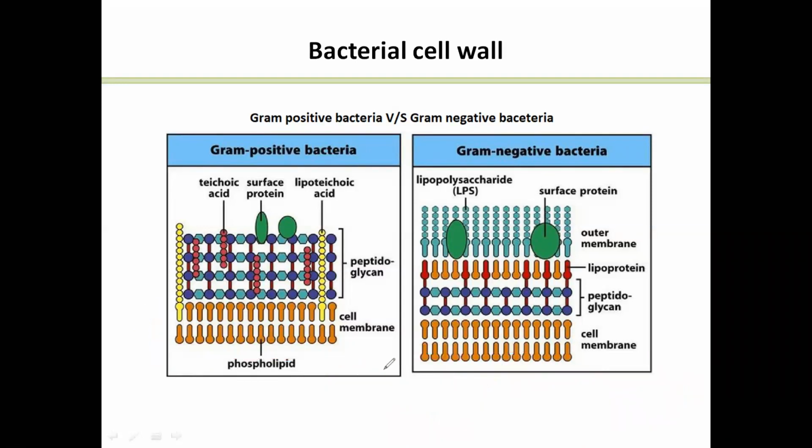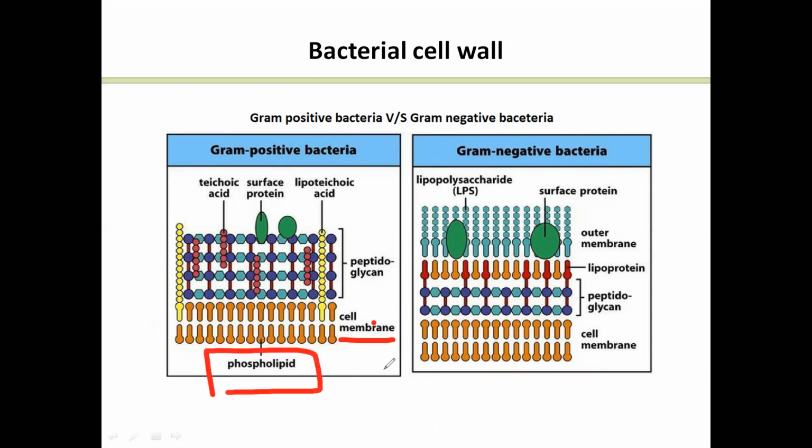This is the basic composition of a cell membrane, whether it's a human cell, plant cell, or animal cell. This is the basic composition of the cell membrane, not the cell wall. So this is about the cell membrane.